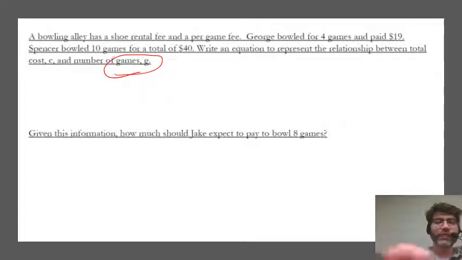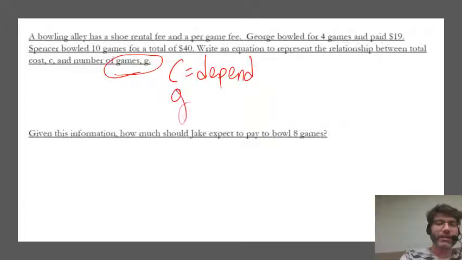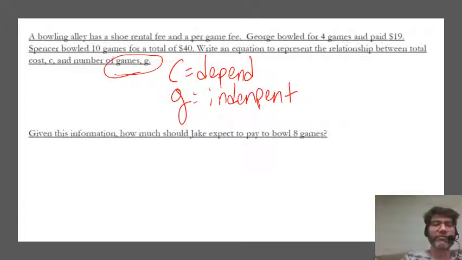So C is the dependent variable, okay, and G is the independent variable. Because G is the number of games that they decide to buy, and C is the resulting cost. It's the resulting cost in total that is ultimately billed at the end of the night, okay?